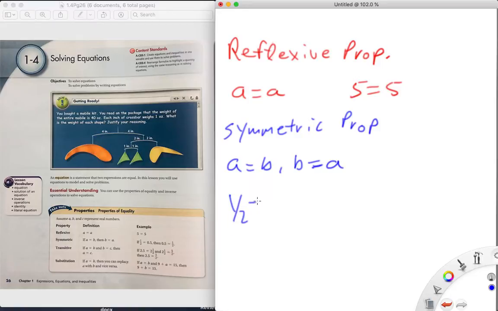So if 1/2 is equal to 0.5, then I can say that 0.5 is equal to 1/2.